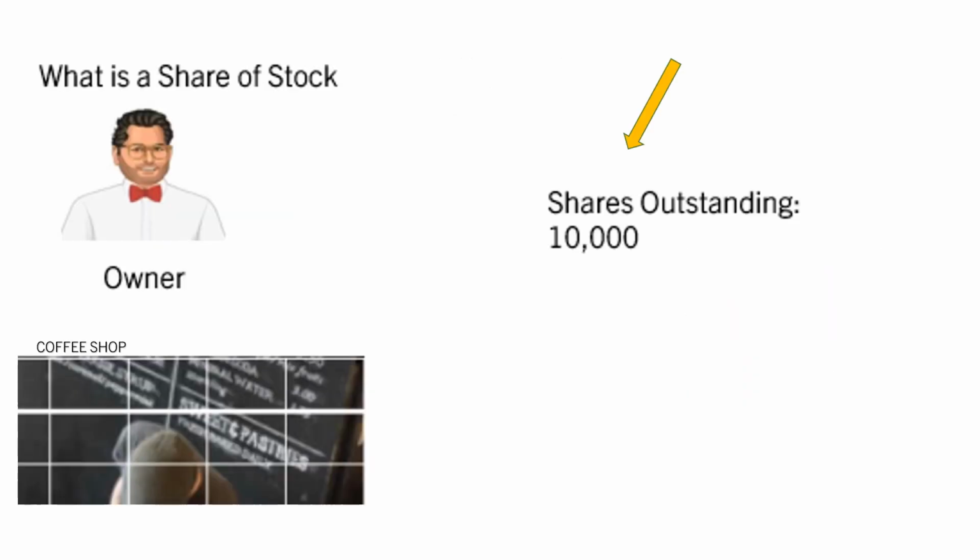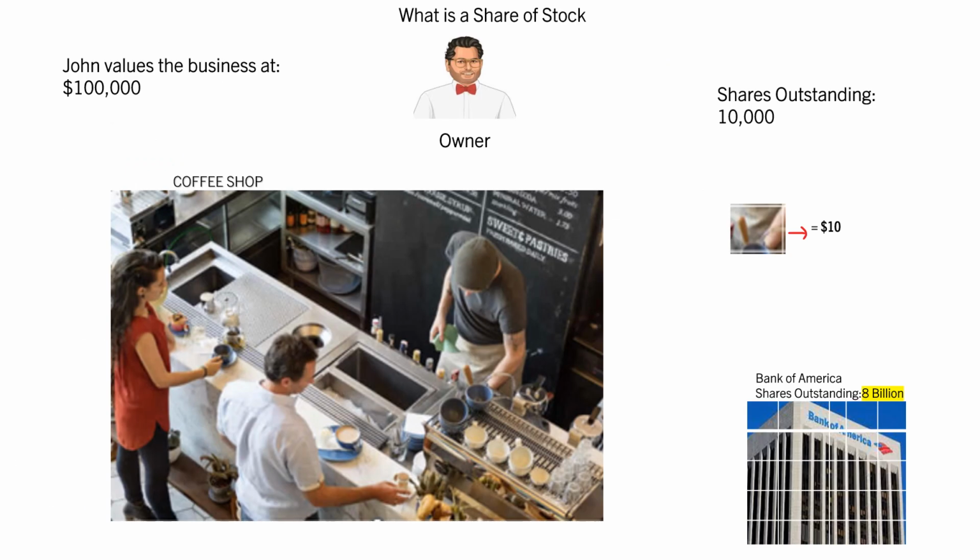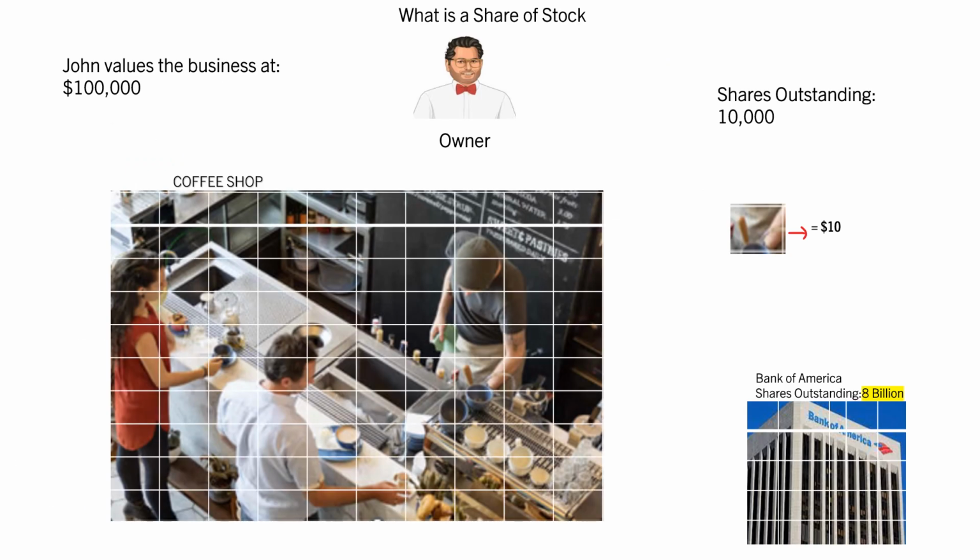The thing to really take away here is the term shares outstanding. That's the correct terminology. Whenever you are buying stocks, when you see that, that's how many pieces the company has been divided up into. So if you start with a whole business and you just look at the shares outstanding, that's how many pieces of that business it has been split up into.